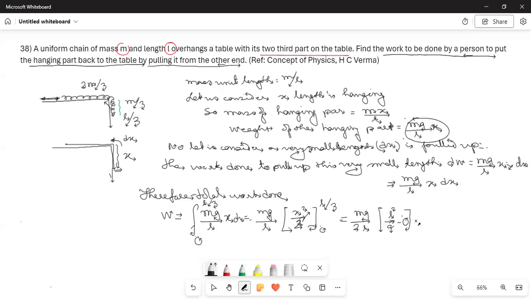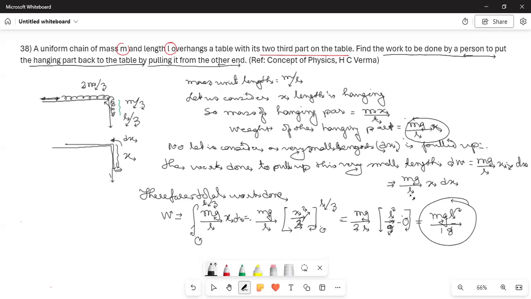So this is equal to mgL square divided by 2 into 9, that is 18. So this is the total work done to pull the chain upwards. Okay?